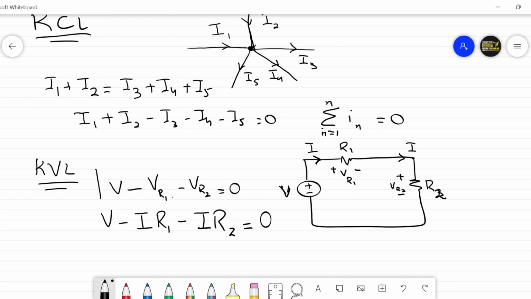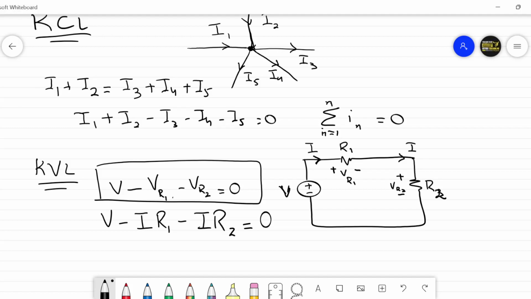So this is your voltage equation from Kirchhoff's voltage law, that is KVL. The sum of all the voltages across all the circuit elements in a closed path will be equal to 0.